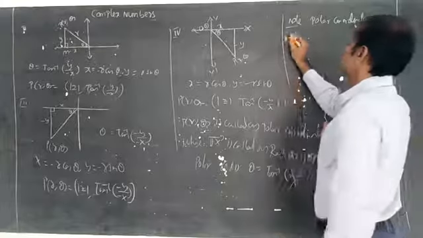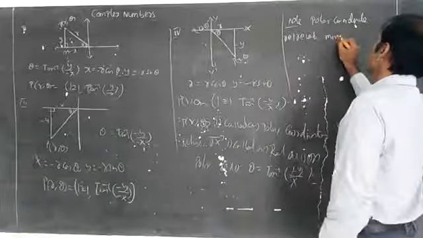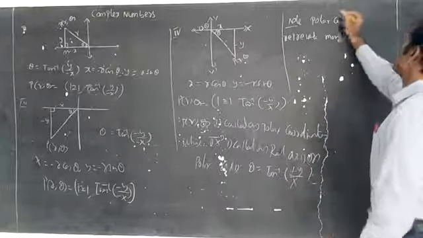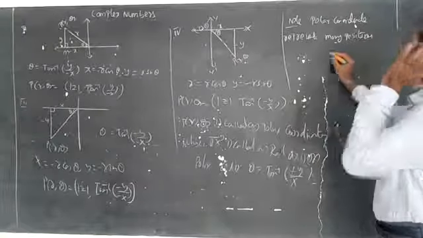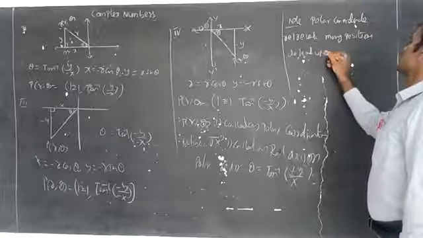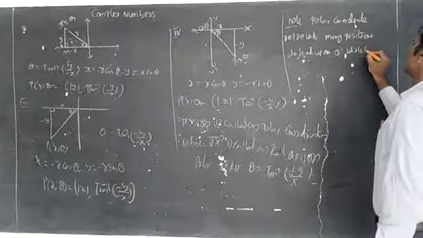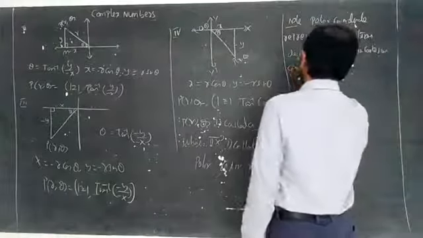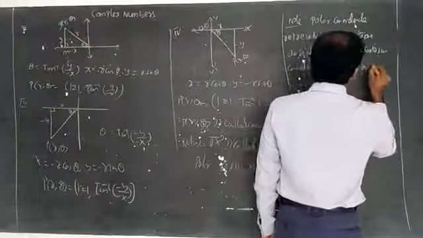Polar coordinates represent many positions, depending upon theta, while Cartesian coordinates represent a single position.